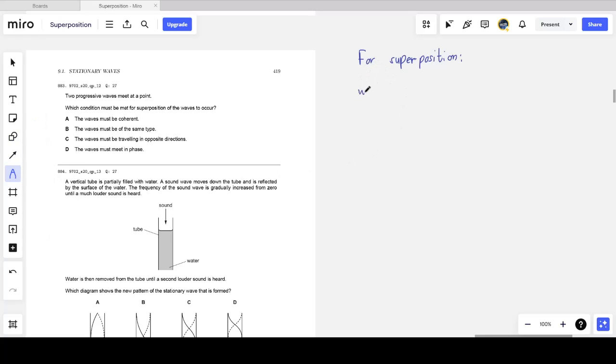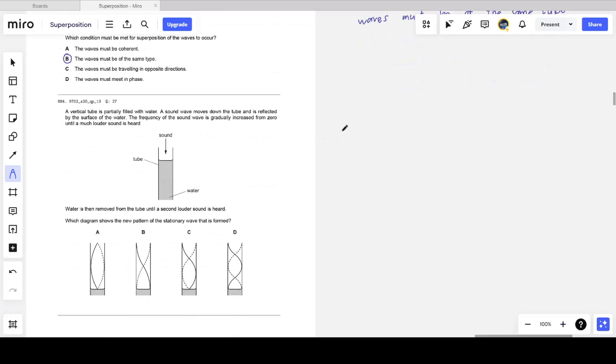So for superposition, waves must be of the same type. If you look at this, you can kind of see that that one stood out anyway. And so even if you didn't know the definition, you could have played with the logic a bit to figure out that the correct answer here was option B. Waves must be of the same type.